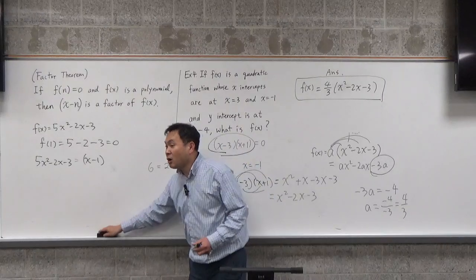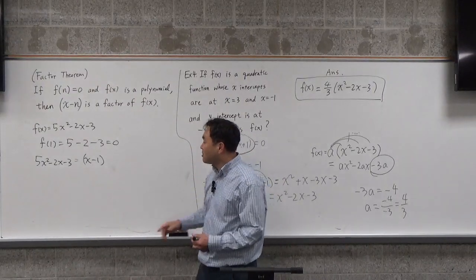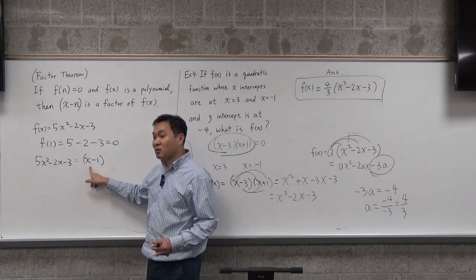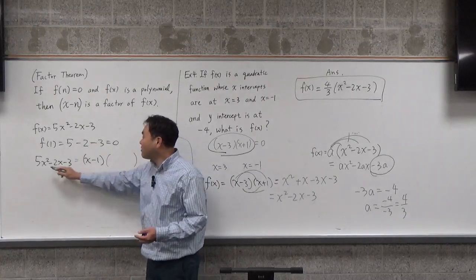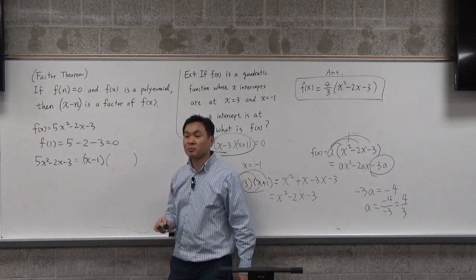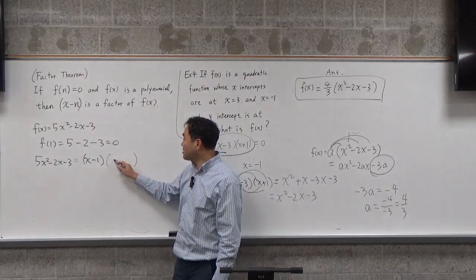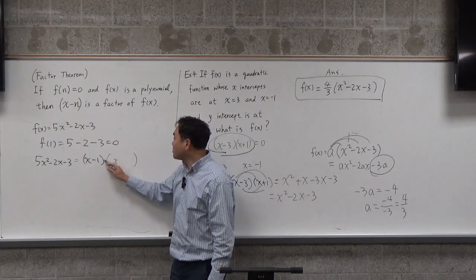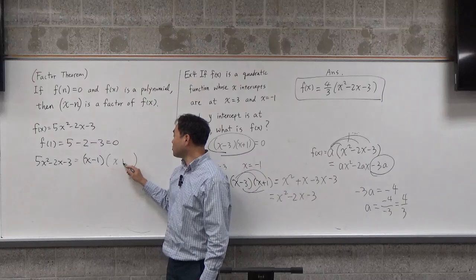So why is that important for us? Once I know the factor theorem, I know that x minus 1 is a factor, then 5x squared minus 2x minus 3 must be x minus 1 times something. Don't you agree? Then it's almost straightforward to find the other factor. Negative 1 times what gives you negative 3? Plus 3, right?